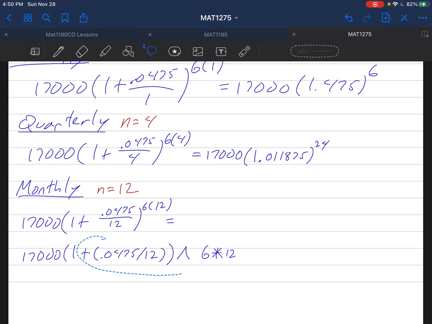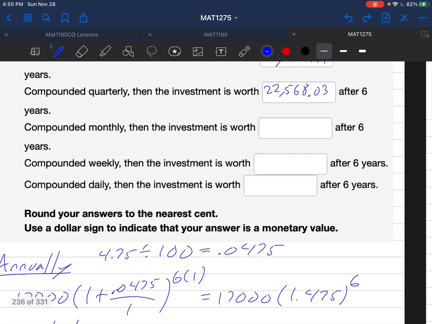It's going to raise this to the 6th power and then multiply it by 17,000 and then multiply it by 12. We don't want that to happen. We want this to be raised to the, excuse me, the power of 72, right? And that is going to make a difference. So the parentheses there are necessary. And whatever scientific calculator you have should be able to handle this.